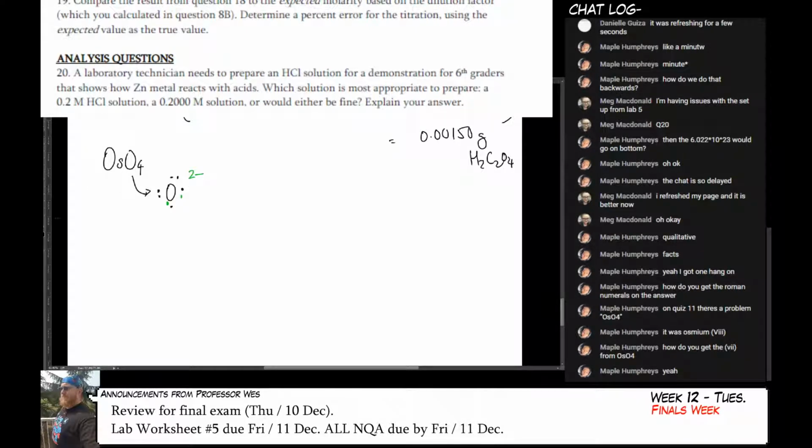So each oxygen is O2 minus. So I got a total of 8 minus. What must this guy be in order to have a balanced neutral charge on the whole thing? It's got to be 8 plus. And so what you would write this as is osmium 8 oxide.